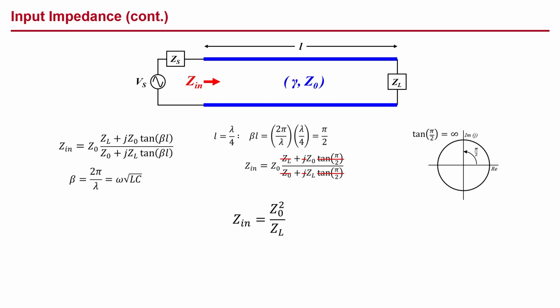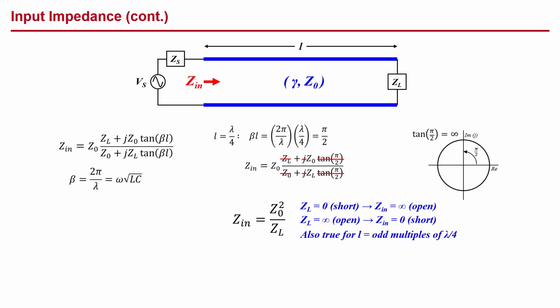The significant thing to note here is that Zin is inversely proportional to the physical load impedance ZL. This means that when the load is a physical short circuit, it will look like an open circuit a quarter wavelength away. And when the load is a physical open circuit, it will look like a short circuit a quarter wavelength away. And this is also true for L equal to odd multiples of lambda over 4.